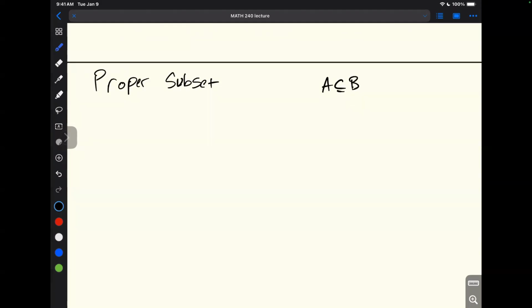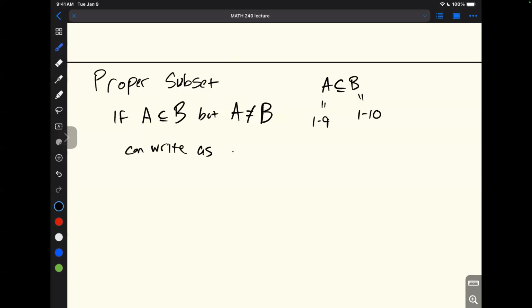If I have 1 through 9, let's say A is 1 to 9 and B is 1 through 10, I can write A is a subset of B, but maybe I want to specify that they're not equal. So if one is a subset of the other but they're not equal, we can write A subset B.